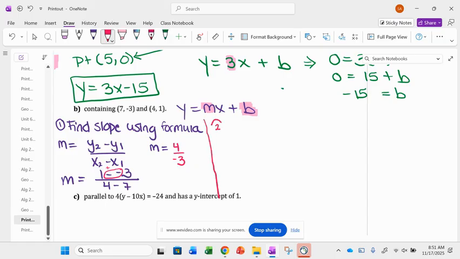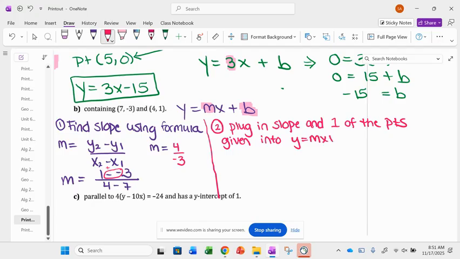So the first step was finding your slope. The second step is going to be plug in slope and one of the points given into y equals mx plus b and solve for b.